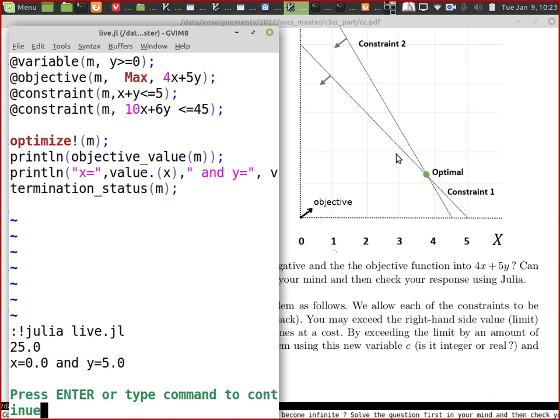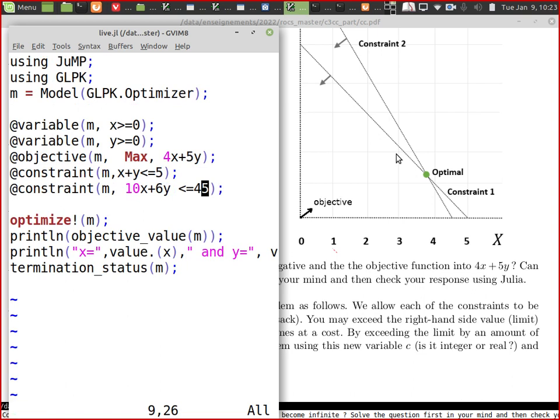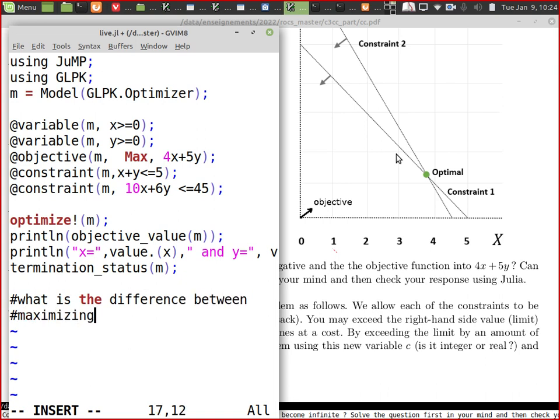And what does it mean? So what did I have before? I will even write it. What is the difference between maximizing 5x plus 4y and 4x plus 5y?